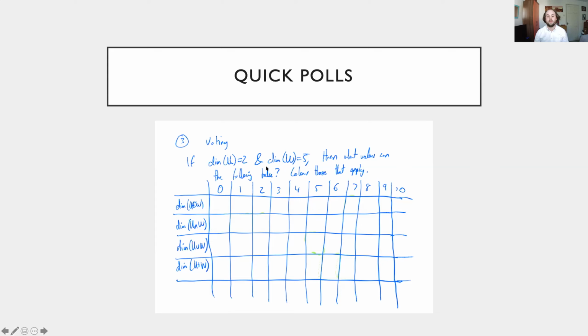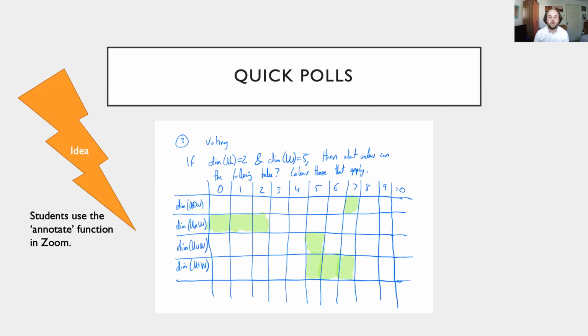On Zoom, you can allow people to annotate the screen, and students can be voting live, ticking what they think the answers are. And I'll explain good and bad things about this. You can then show them what the answers are and what the idea is.